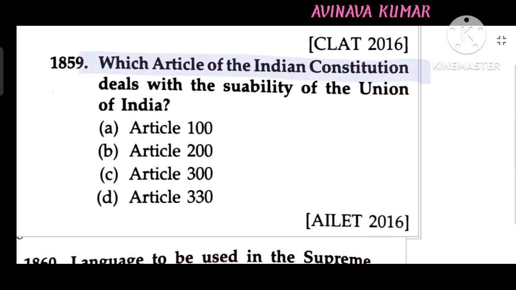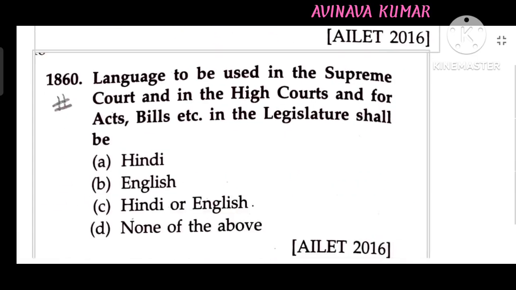Which article of the Constitution of India deals with suability of the Union of India? Answer: Article 300.